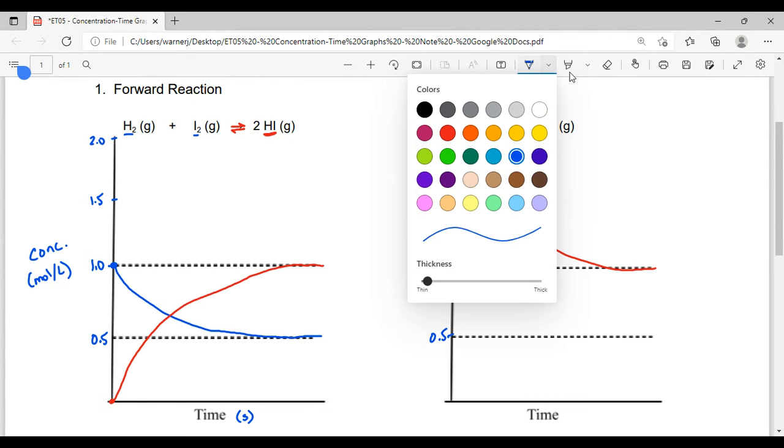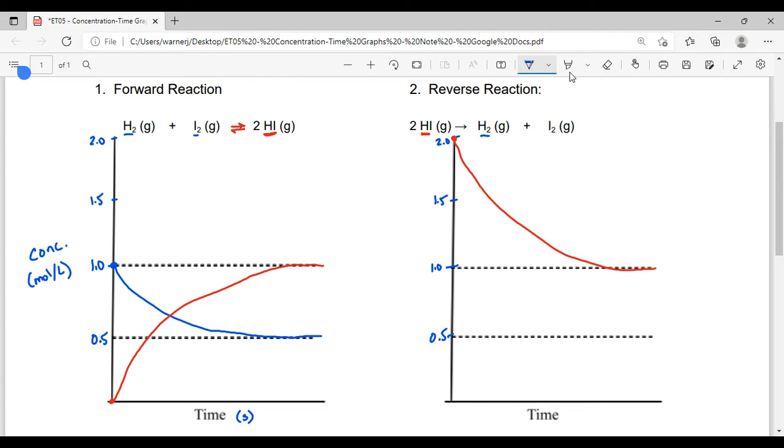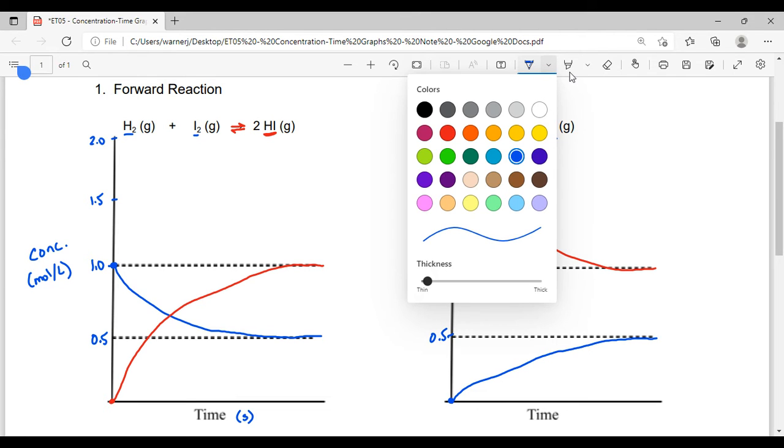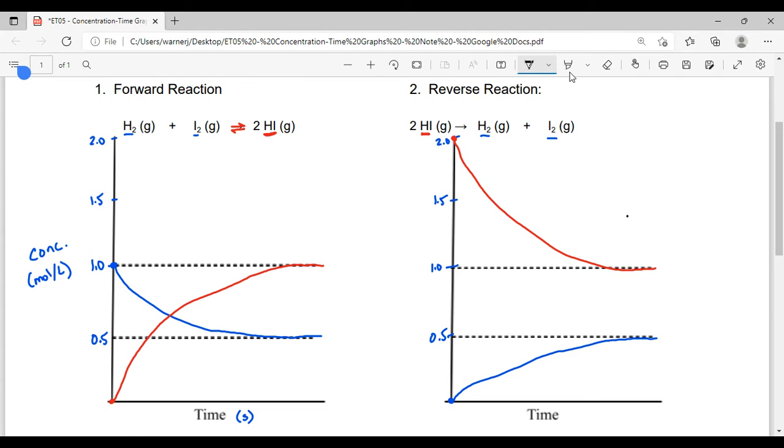In the creation of our H2 and I2, we'd be starting with no H2 or I2 at the beginning, but as time goes by we're slowly generating them to the point where we then level off. And again, in both of these scenarios, I'll put in a black dotted line at this point. This is where we reach equilibrium.